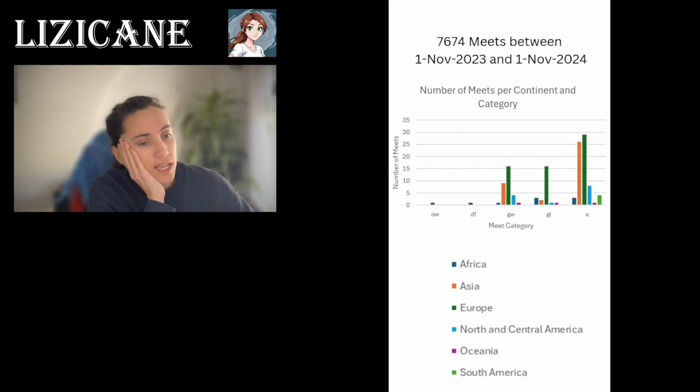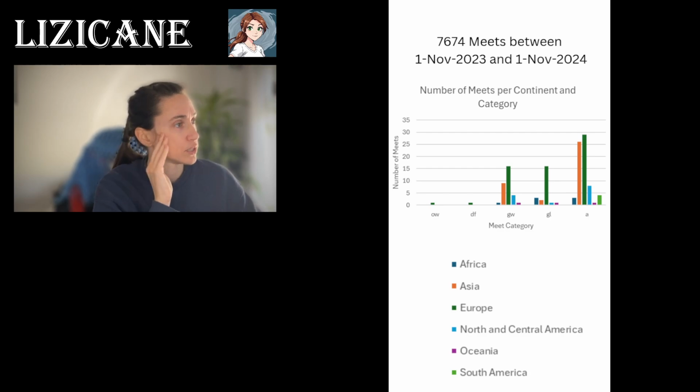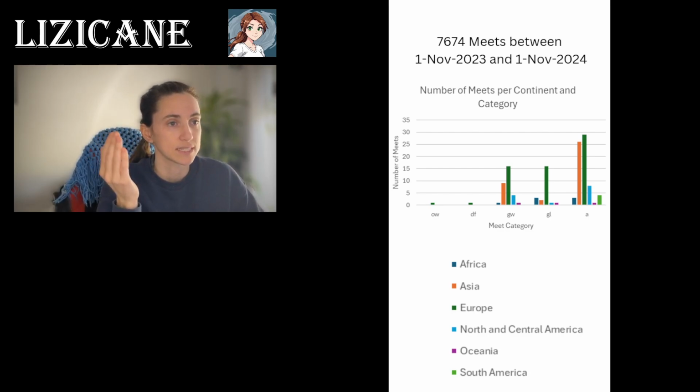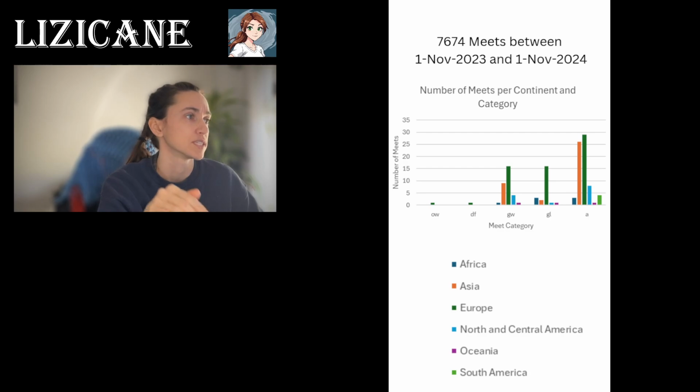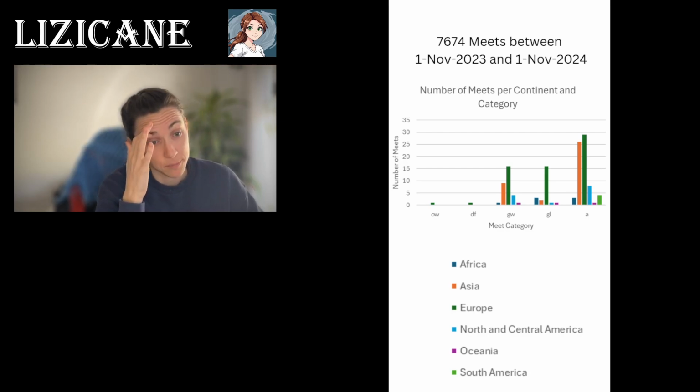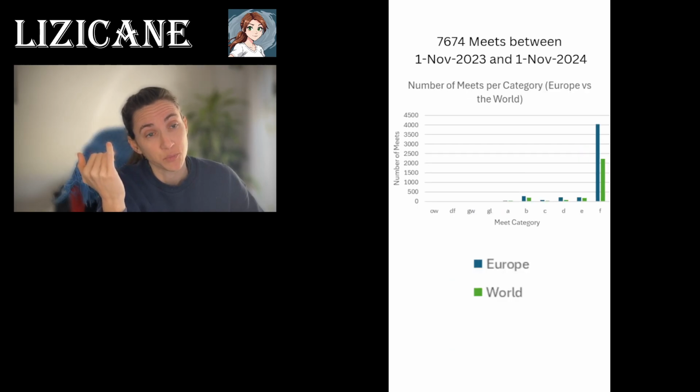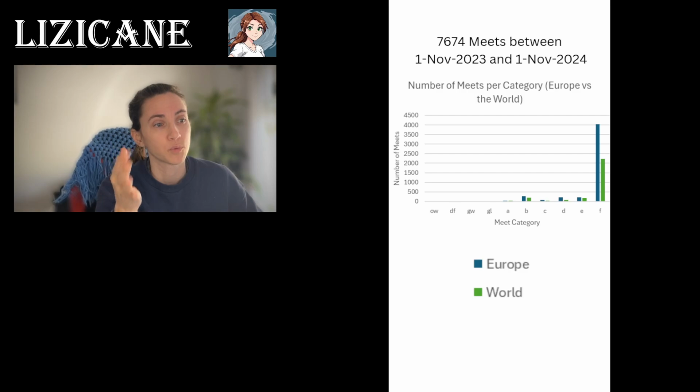But here's the thing that I thought would also be interesting to look at: instead of Europe versus Asia versus Africa, I wanted to look at Europe versus the world. So now the world is green, Europe is blue.